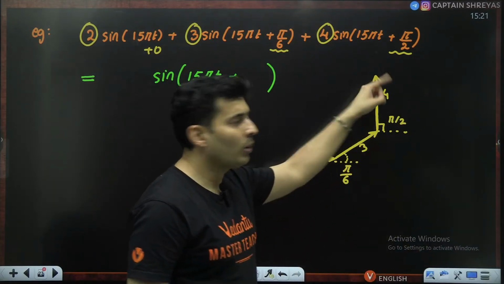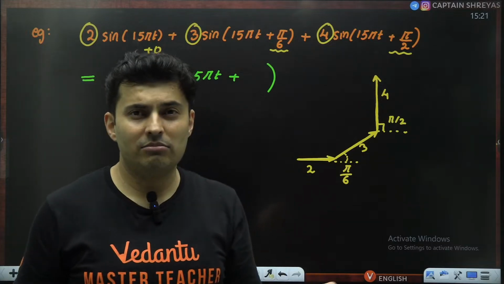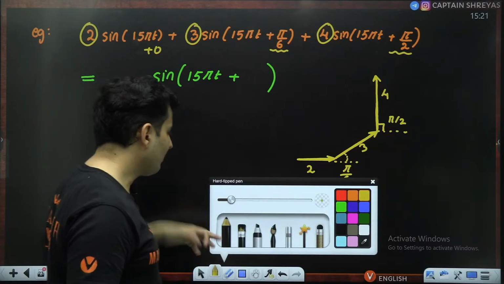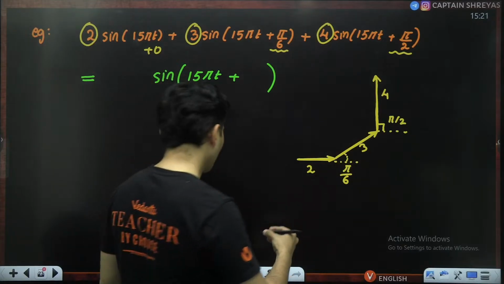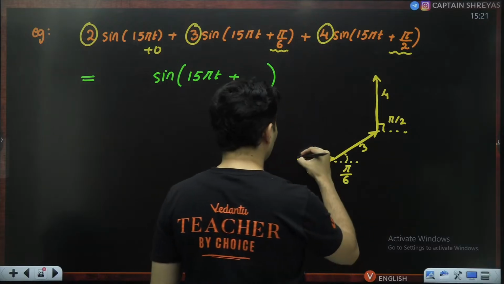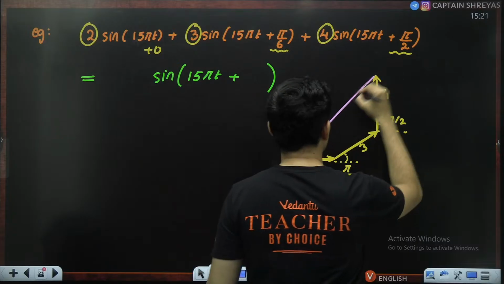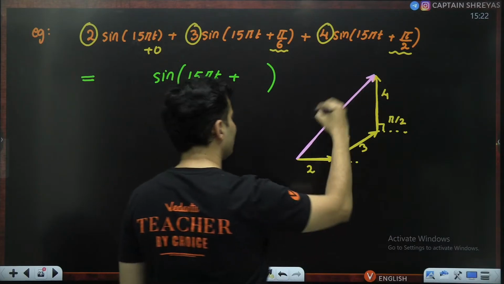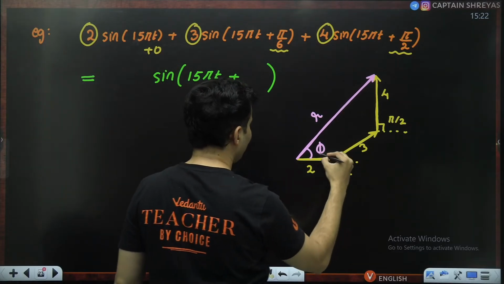These are now vectors, but they are not actual vectors. They were forcefully made into vectors, so that's why they are called phasors. That's why we study phasor diagrams, because you can use the properties of vectors. So whatever resultant you get over here, I don't know, I'm just saying some resultant you might get, some resultant r, and maybe this angle will be phi.